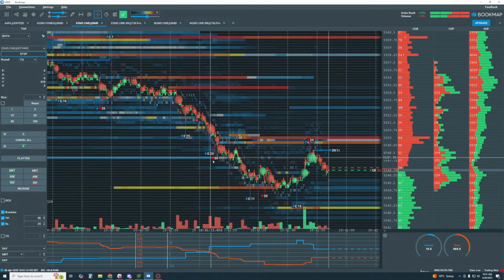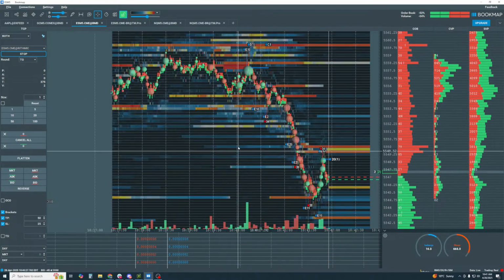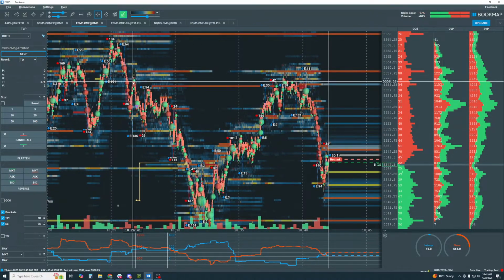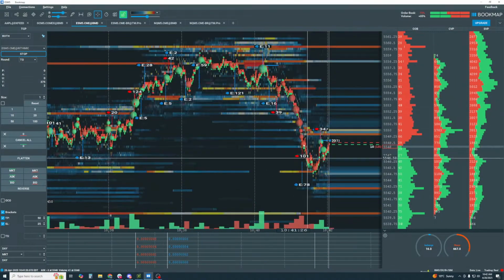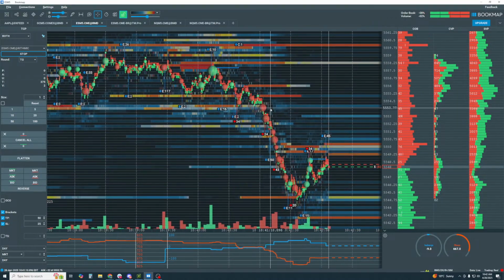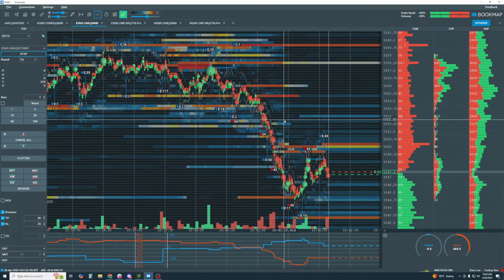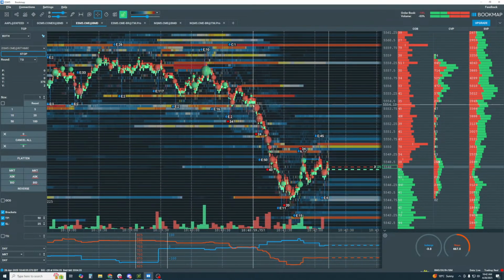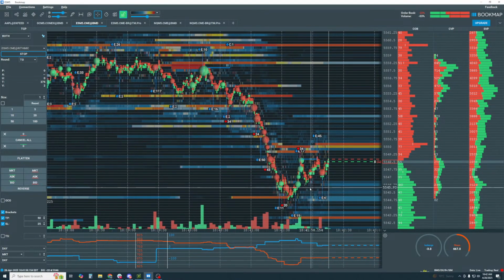We don't necessarily get these kinds of pullbacks. We did earlier, we saw it right in here, right? But even in the S&P, it's crazy not to see these kinds of pullbacks. Instead, we just get these big moves and swings going back and forth.